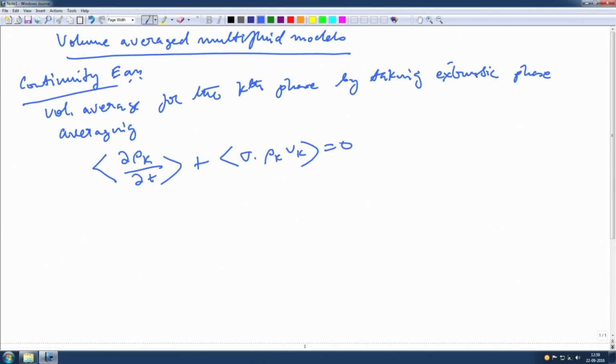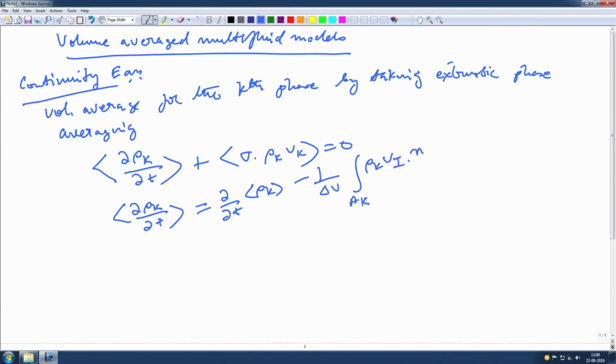Now, if you take the first term, you already know what it is going to give you: minus 1 over the volume, integral over A k of rho k V I, where V I is the interface velocity, dot N k dA k.